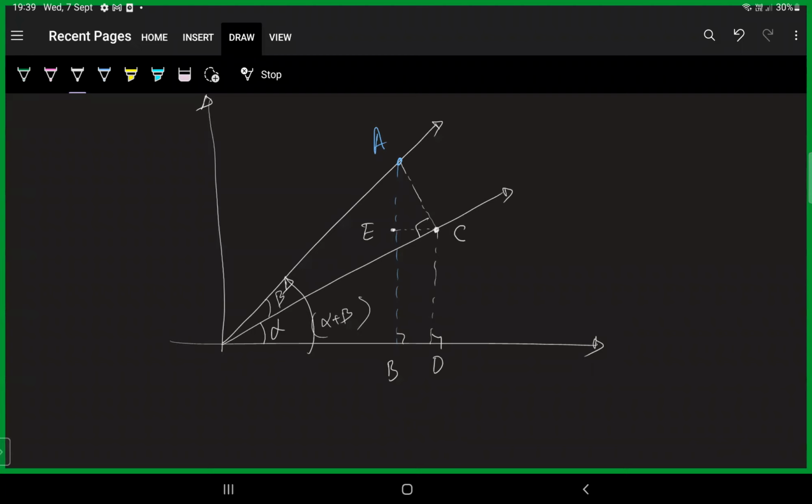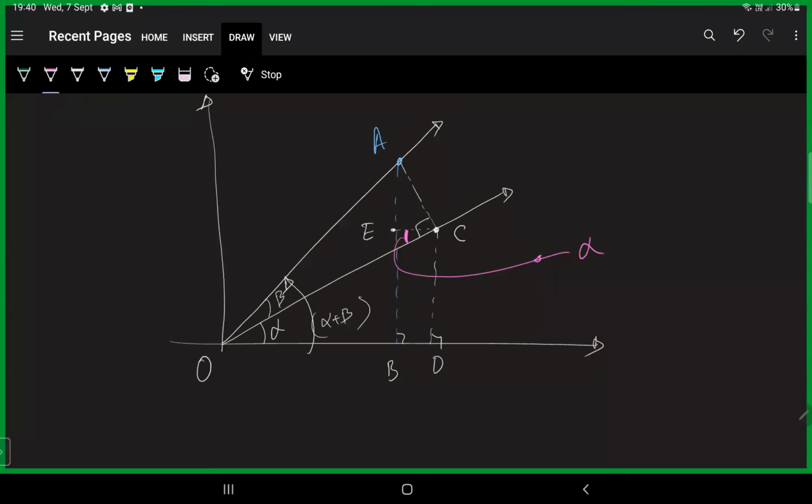Now, since this angle is alpha, what will be this angle? E or O? What will be this angle? Aman, what angle will be this? You only said last time. Alpha. Okay. Sham, any doubt? Naveen, any doubt here? Please let me know. So this will be your alpha. I'm writing here.